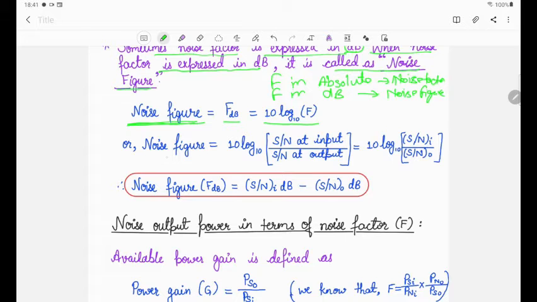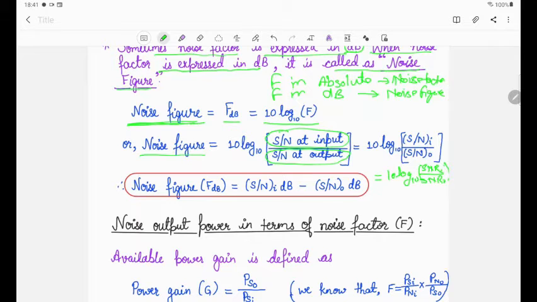Similarly, we can express noise figure as 10 log base 10 of the signal to noise ratio at the input divided by the signal to noise ratio at the output, or 10 log base 10 of S by N at input divided by S by N at output, or 10 log base 10 of SNR at input over SNR at output. This is the noise figure, the dB form of the noise factor.